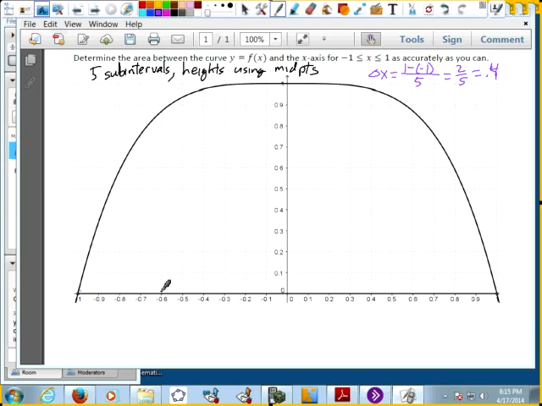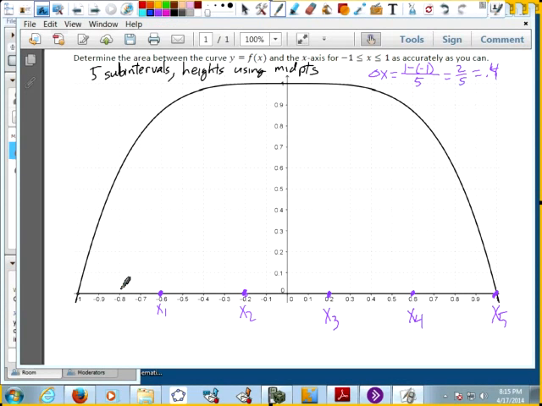So my points are going to be 0.4 units, so there's my x1. 0.4 units over will be here, that's x2. That's x3. 4/5 of a unit over is going to put me here, that's x4. And then here's x5. And then for each of those, I want to go through and find the midpoint to find the height.